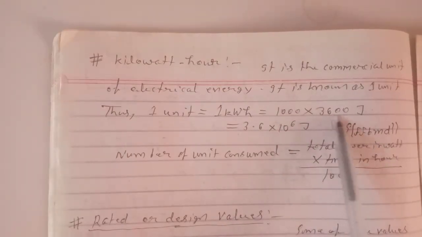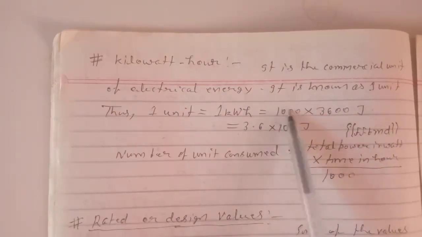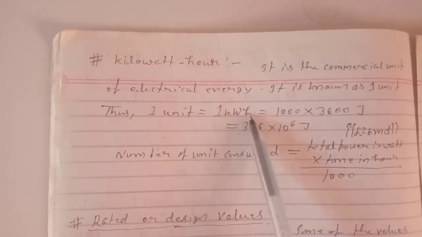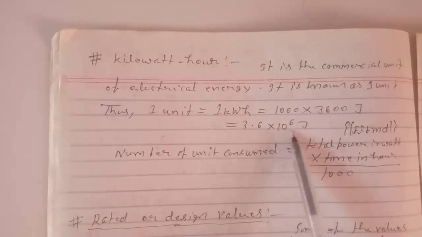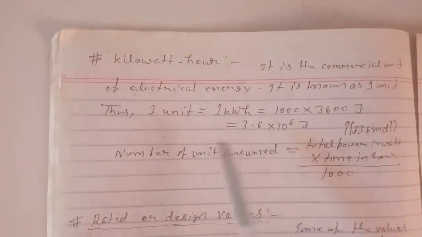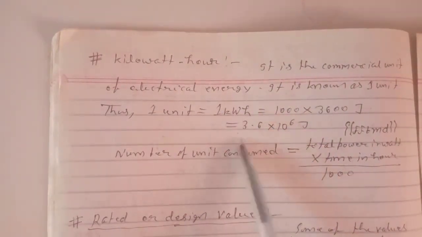So power in watt into time gives joule, so 3.6 into 10 to the power 6 joule. So 1 unit is equal to 1 kilowatt hour, equal to 3.6 into 10 to the power 6 joule.